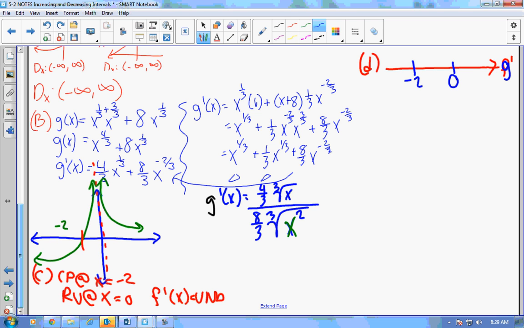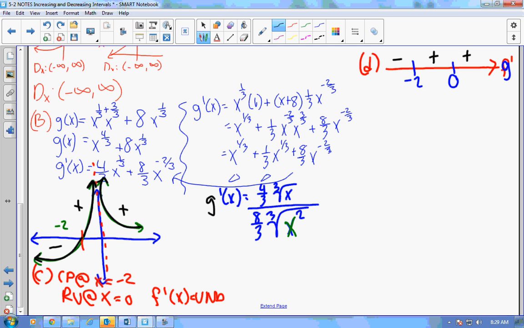g prime of x, remember you're looking at the derivative. That's why it's nice to be able to sketch the graph. From -infinity up through -2, what's the sign of the graph? Negative. After -2, what's the sign of the graph? Positive. After 0, it's positive.